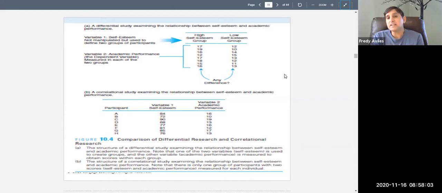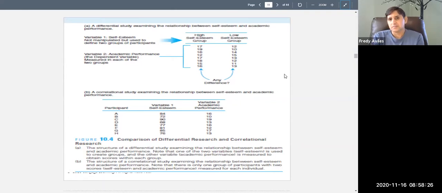And you determine if there's any difference in the scores, any differences in the averages. When you do a correlational study, that's the second set of data that you see there, you measure self-esteem of your participants, and then you measure academic performance in your participants. And then you do a correlation between self-esteem and academic performance.